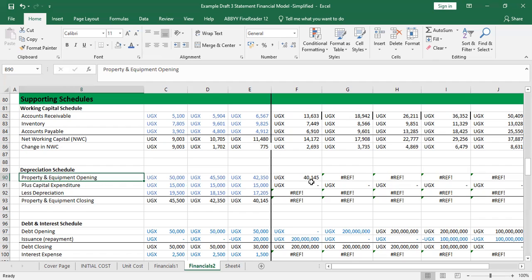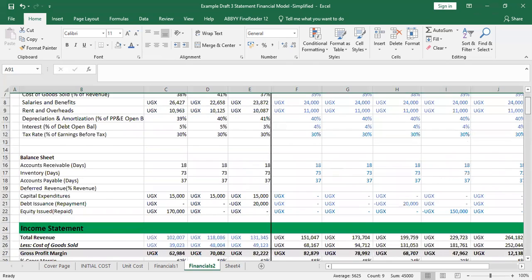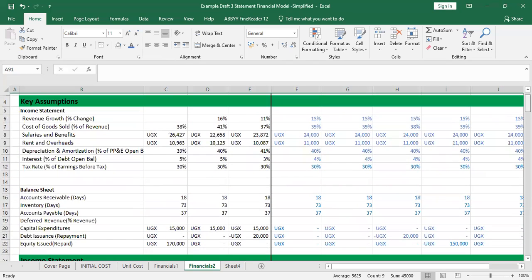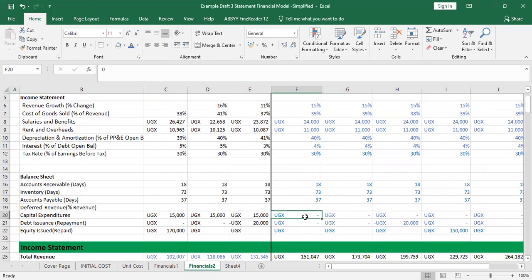So I have property, I already fed it there. Then this capital expenditure is what you put on top. Remember on this assumption, we put capital expenditure. There's capital expenditure here. So I can say in 2021, I'm going to buy machinery and equipment worth maybe 450,000.